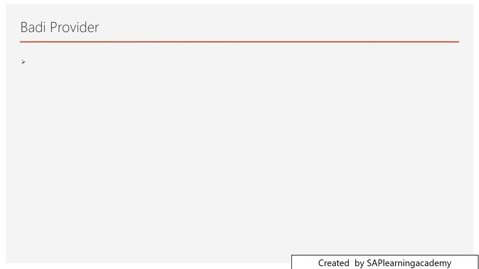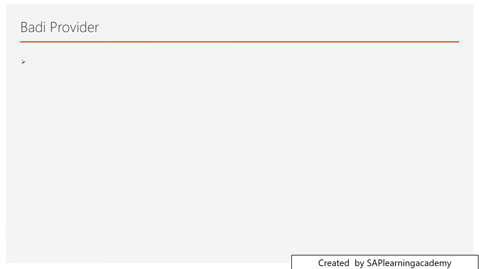And if any program logic is needed, then you can do the data modeling using the SAP HANA calculation view with SQL script. But if you need to do some kind of implementation in ABAP where you want to access the data, then you can use the Badi Provider.